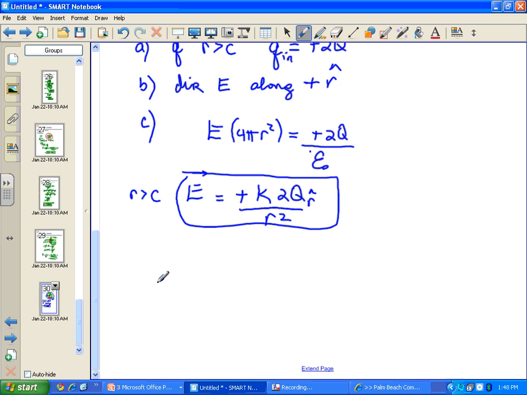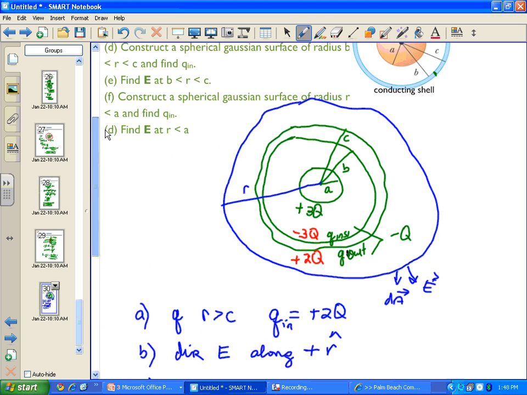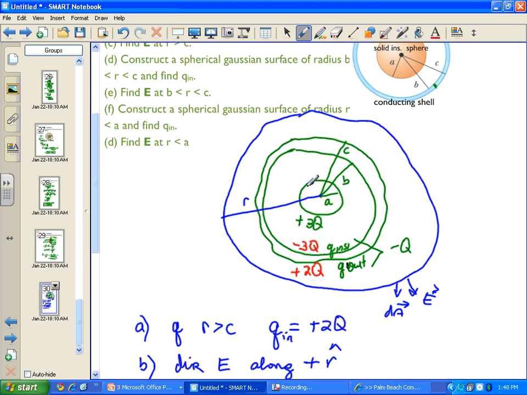Next, this is D now, what is the charge inside a Gaussian surface whose radius is less than c but greater than b? Well, let's identify where this might be.